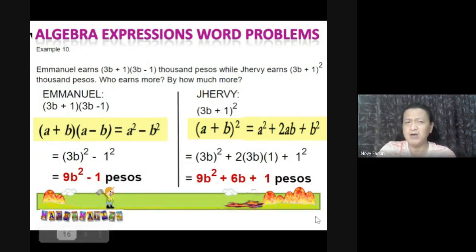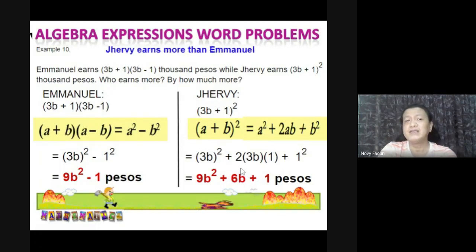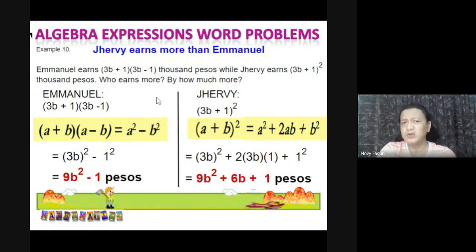And then you can now interpret who earns more. Okay, so obviously, Jervy earns more than Emmanuel. So next question, by how much more? So kung si Jervy ang mas maraming kinita, ilan ang dinamin niyang kinita kumpara kay Emmanuel? So you're going to apply the subtraction of polynomials.